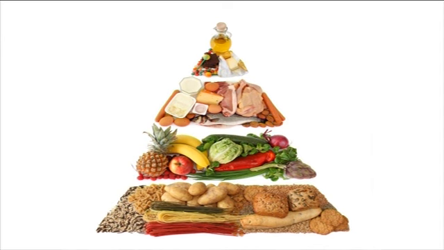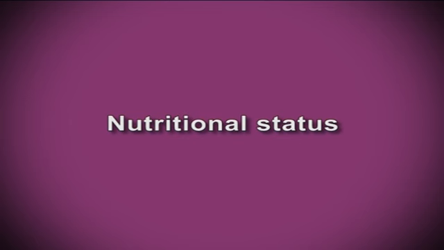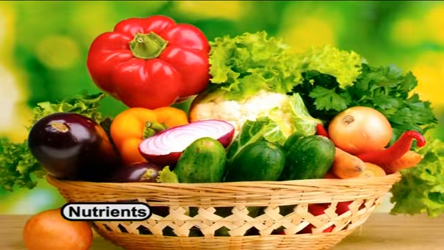Nutrient requirements are defined as the minimum amount of the absorbed nutrient necessary for normal physiological functioning of the body. Nutritional status. Nutritional status is the health status of an individual as affected by the intake and level of nutrients and the ability of those nutrients to maintain normal metabolism.